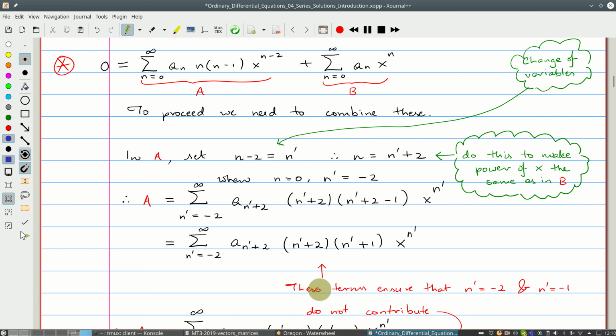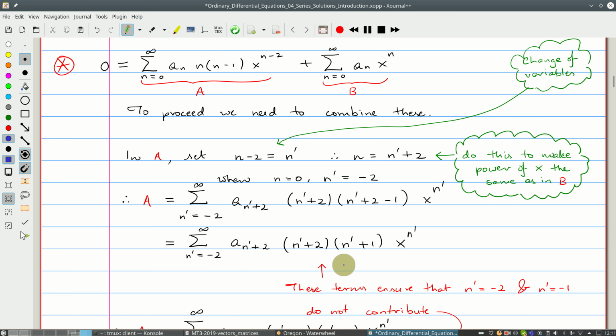Now just put a note here that the fact that you've got these two terms in here, n prime plus 2 and n prime plus 1, means that when n prime is minus 2, this one is 0, so we have no contribution. When n prime is minus 1, this one is 0. And effectively, it's only when n prime is equal to 0 that the sum actually begins, and then we start with a of 2.